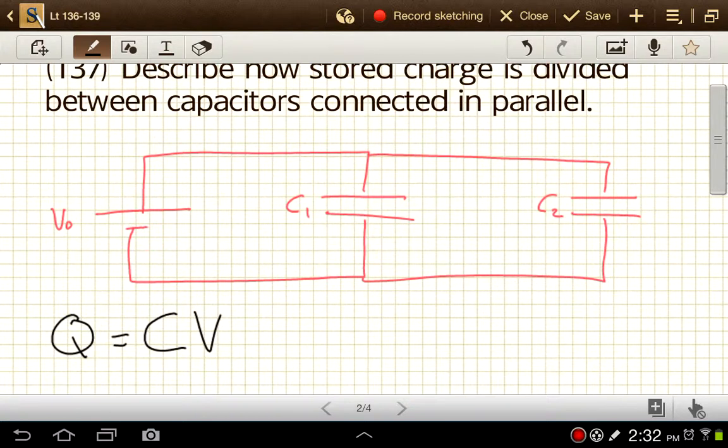So, in this situation, the potential difference from here to here is exactly the same as the potential difference from here to here. So here, that's equal to V naught, and here that's equal to V naught.